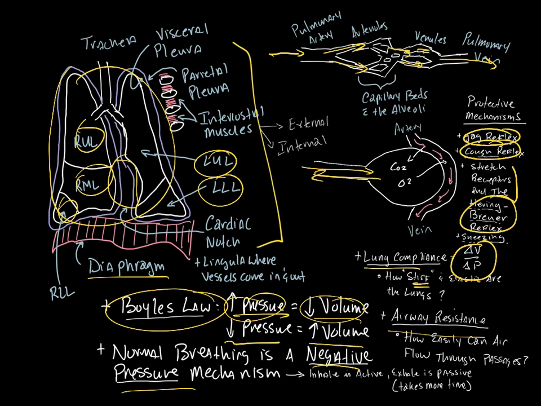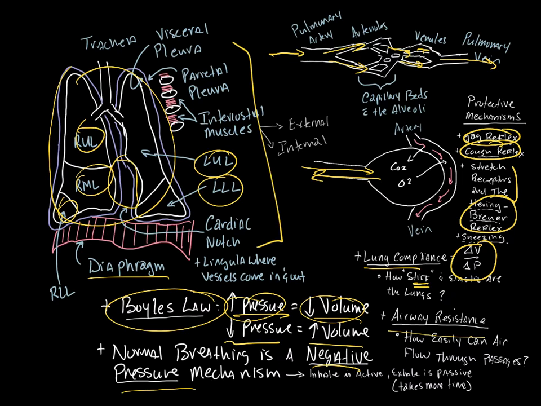Morbid obesity, or just obesity in general: the more obese somebody is, the less compliant their lungs are, right? Particularly when you take someone who's obese and put them supine, they have a much harder time expanding their lungs. Pregnancy is a disease of poor compliance, and I'll put quotes around disease.